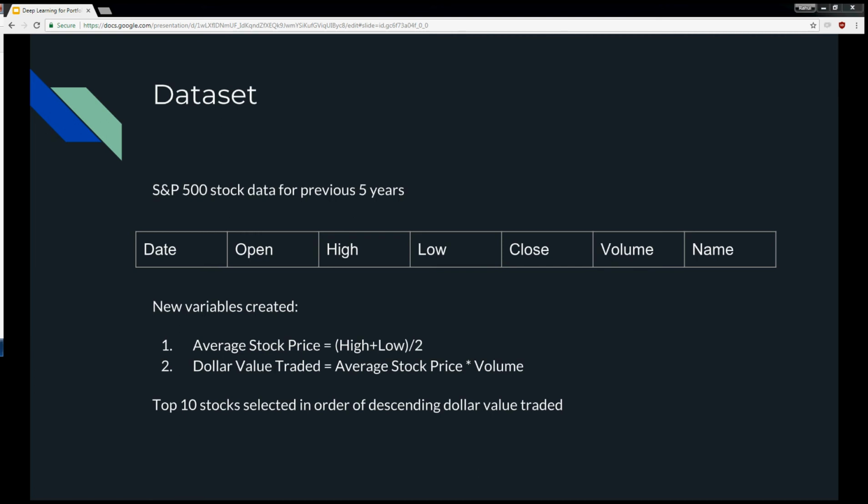If a stock is being traded more than another stock, then the inherent risk in that stock is lower because its volume is higher. So we selected the top 10 stocks in order of descending dollar value traded.